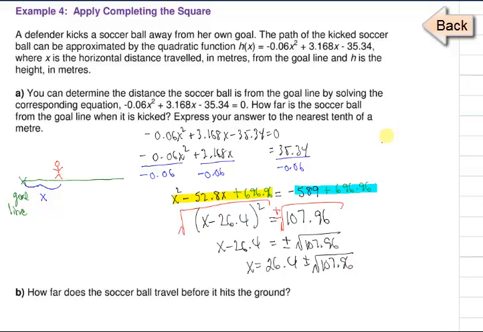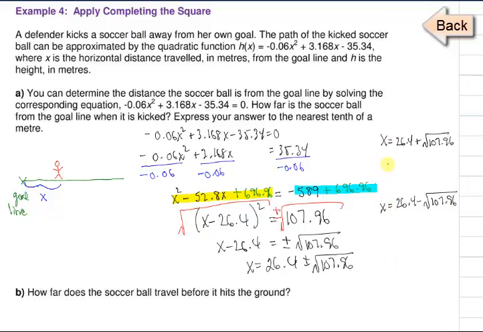One of them will be where x is equal to 26.4 plus the square root of 107.96, and x is equal to 26.4 minus the square root of 107.96. Now I'm not square rooting the 107.96 just yet. It's just better to do it that way. You get a much more accurate answer.